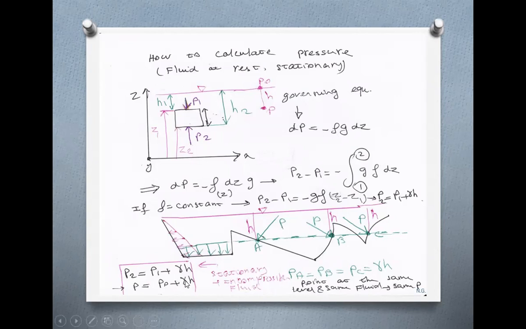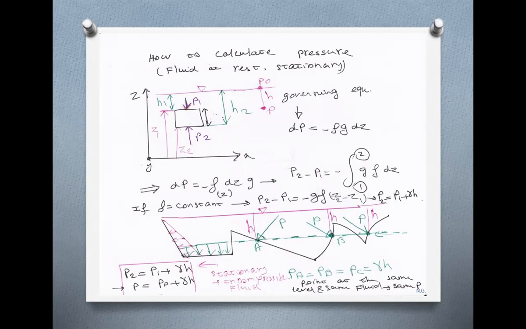Rho G is gamma. And that is called a specific weight. Gamma is called a specific weight, and it's equal to rho G. The physical meaning of gamma, which is a specific weight, is weight per unit of volume. Whenever you hear the word specific, like a specific weight, specific volume, a specific weight is weight per unit of volume.